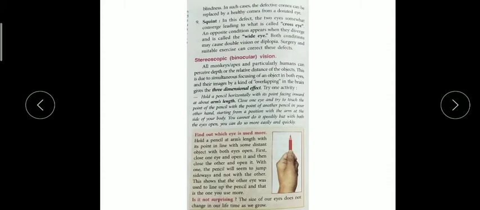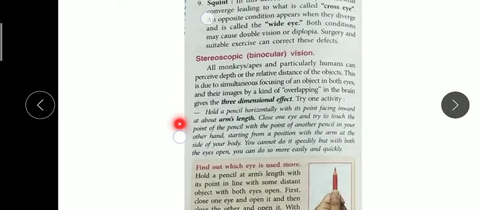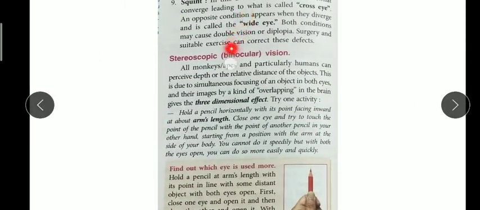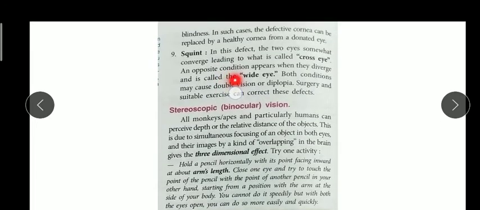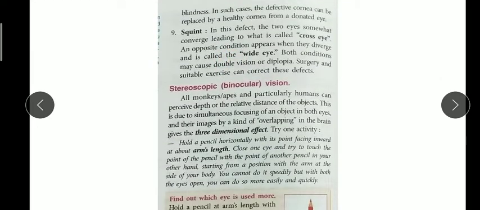In this case the defective cornea can be removed surgically, and the cornea from any donor can be placed into the patient who has this corneal opacities condition.